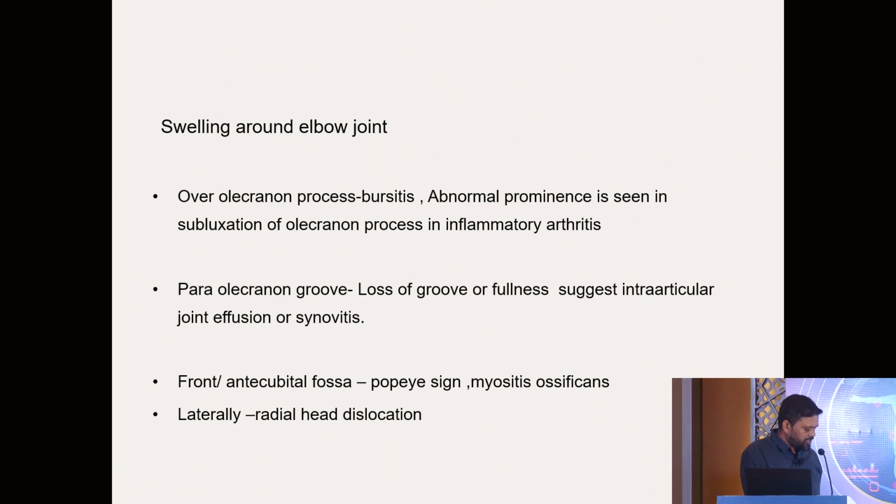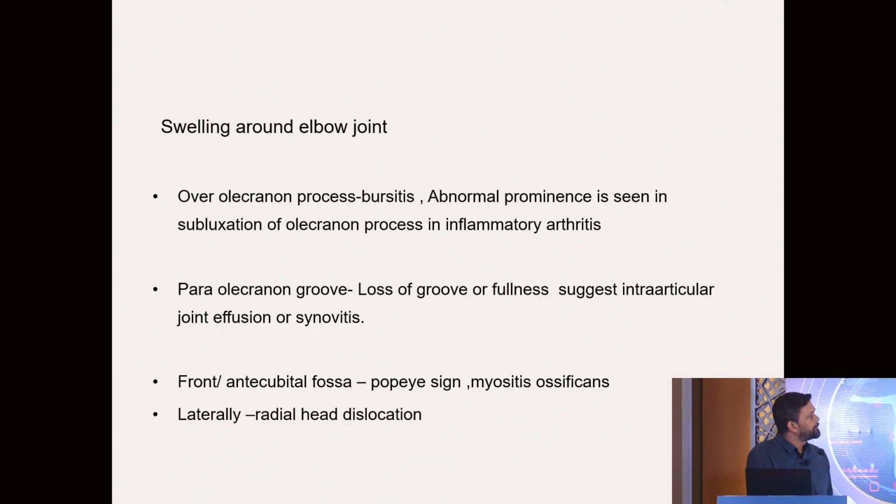In the frontal aspect, we can see the Popeye sign. What is the Popeye sign? In biceps tear. It may be seen in heavy weight lifters. Okay. Myositis ossificans, which is common in many spinal cord injury patients and stroke patients. And we are used to examine myositis ossificans also.